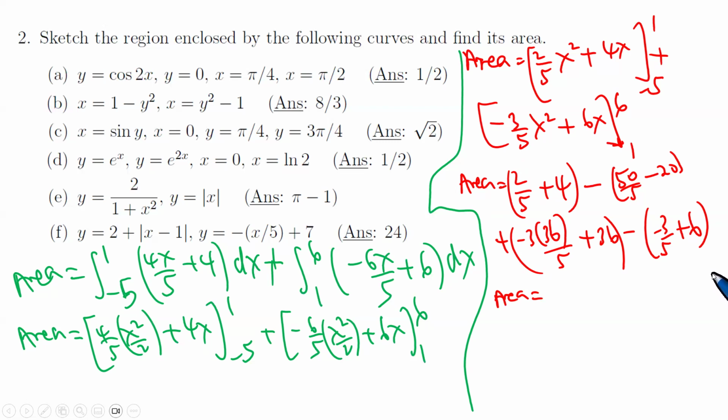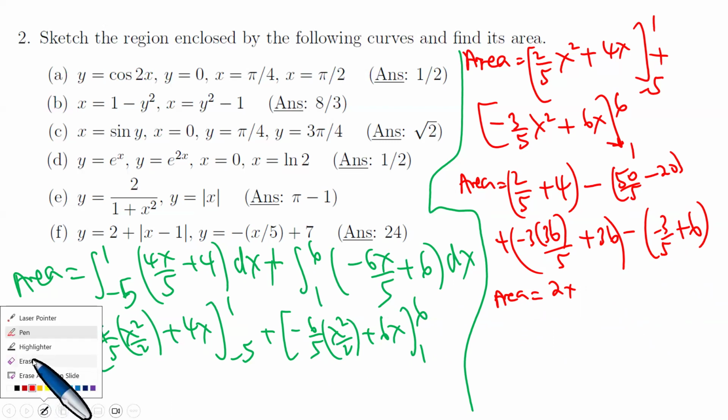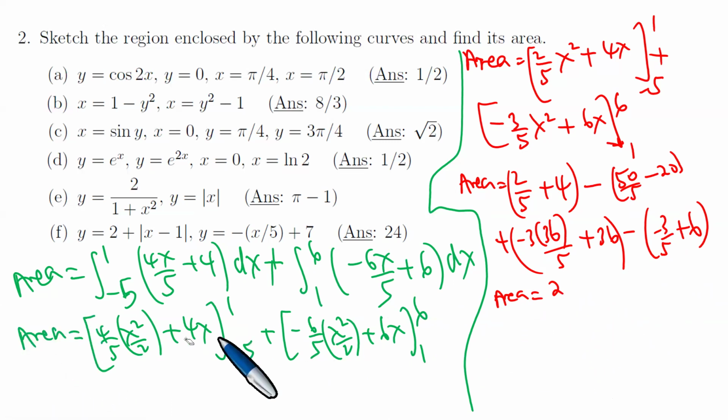Right. Let us check what we're getting here. So we're getting that the area should be about 24. We got 23 point something. So let us see what we're going to have here. There's going to be 2 over 5, and this side. Let's watch the signs, I think.